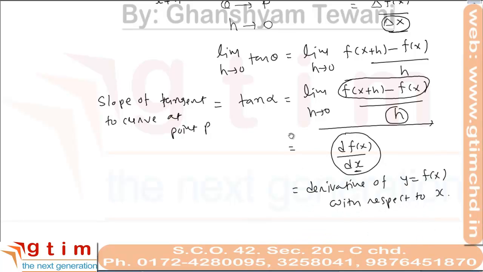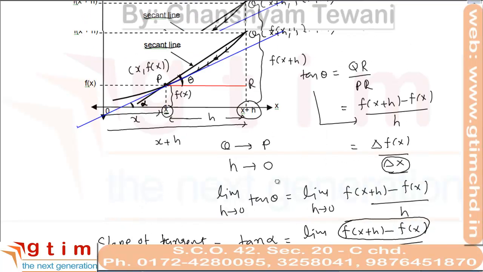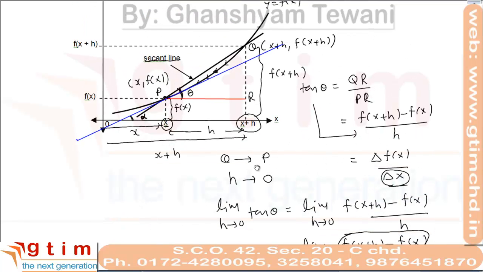So once more, let's see this diagram. In this diagram, when point Q is approaching P, the value of h is approaching 0. The angle theta of line PQ is approaching what angle? Alpha. And initially from triangle PRQ, we had this relation, tan theta is equal to this ratio, delta f(x) upon delta x.